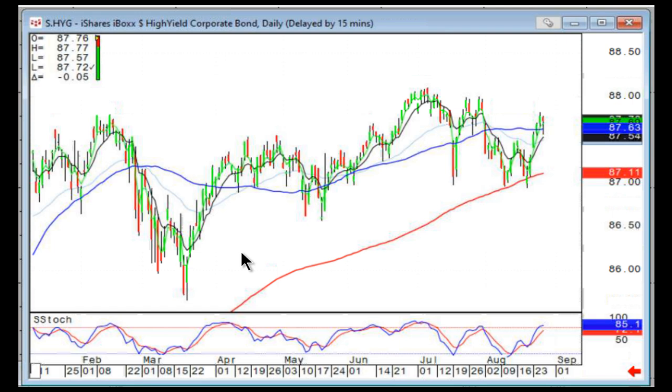So you're dealing with really big money, Fortune 500 CEOs, central banks. When the bond market likes the stock market, they will buy corporate junk bonds.